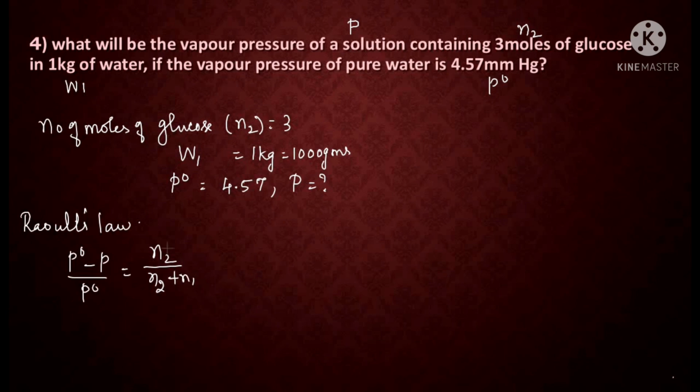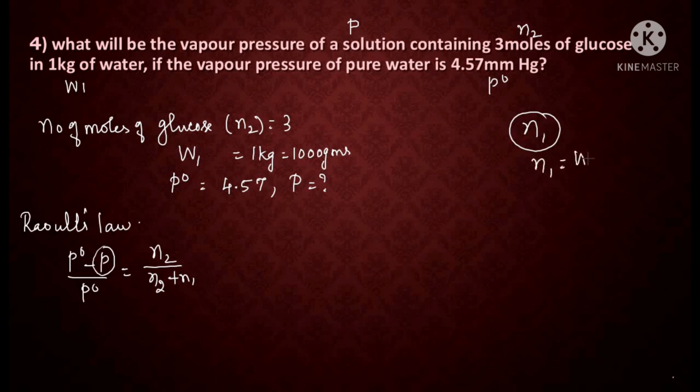Here we have N2, and we have the P0 value also, but we are in need of this P value, which we want to calculate. And look at this one, we have the number of moles of the solute, N2, but we do not know N1. How to calculate N1? We want to calculate N1, that is the number of moles of water. How to calculate the number of moles of the solvent?